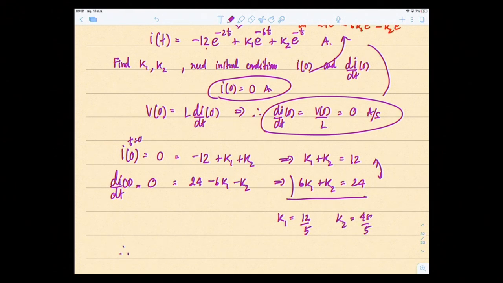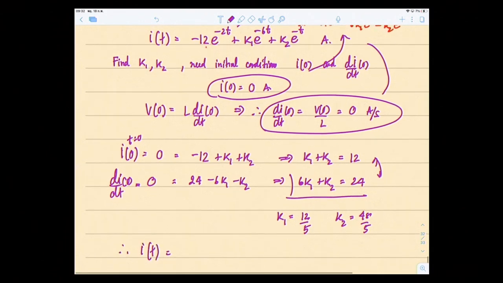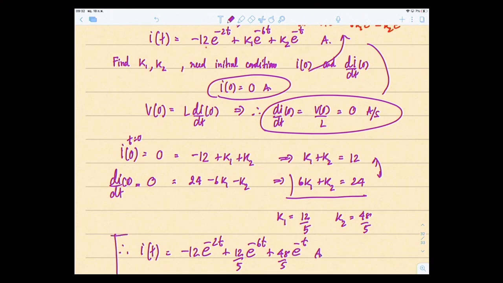So therefore, your final answer, i of t, would be equal to minus 12 e to the minus 2t plus 12/5 e to the minus 6t plus 48/5 e to the minus t amps. So this is your final answer.